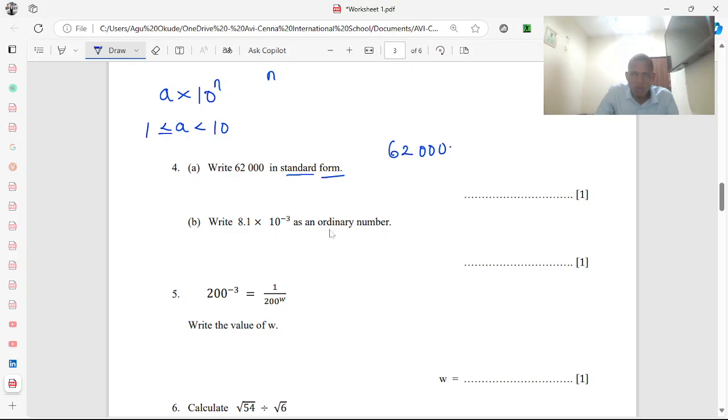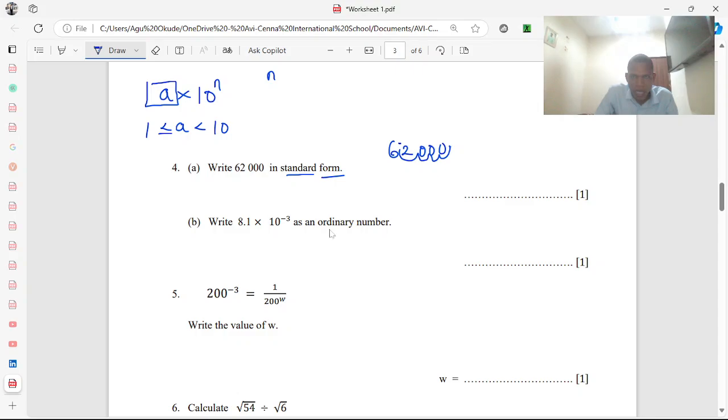So you are going to move that point backward like this: 1, 2, 3, 4. Make sure you move the point such that you have a number between 1 and 10, because the value of a must be between 1 and 10.